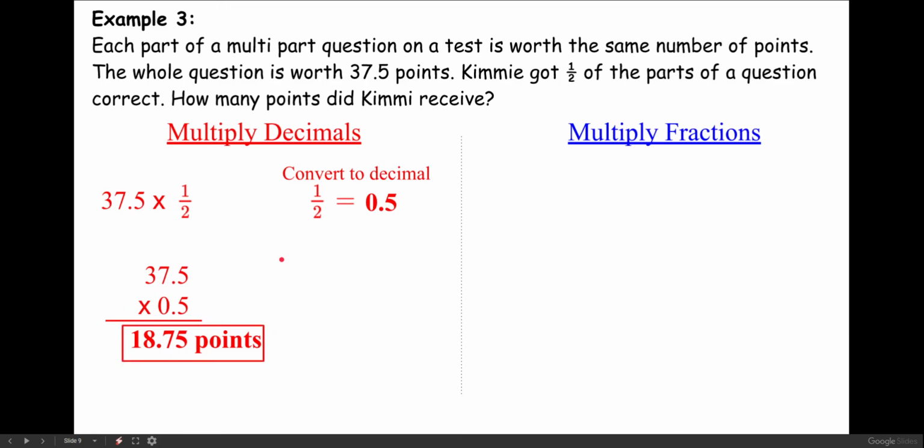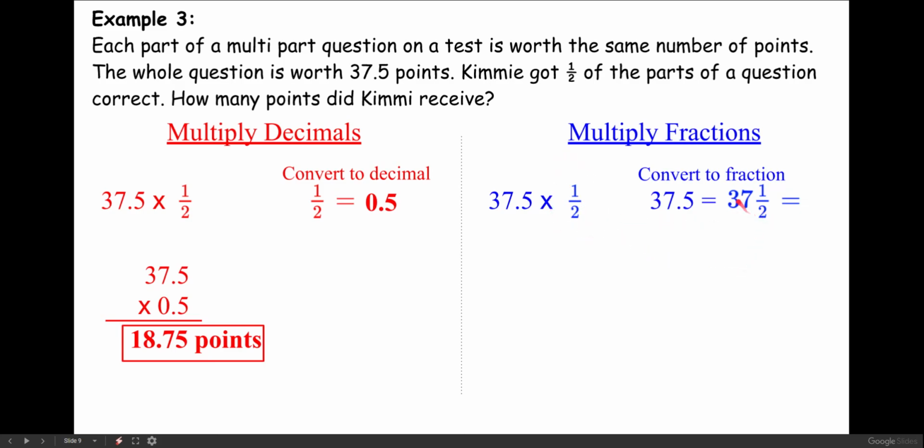The other way to do this is to multiply two fractions. So we have 37.5 times 1/2. We can't multiply a decimal with a fraction, so we're going to turn 37.5 into a fraction. So 37.5 as a fraction is 37 and 1/2. We need to turn this mixed number into an improper fraction if we want to multiply it by 1/2.